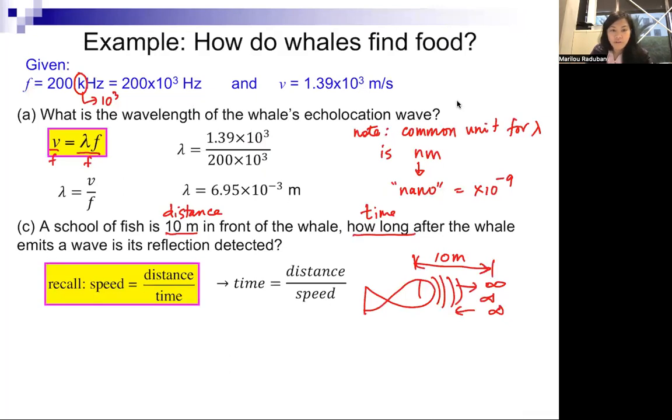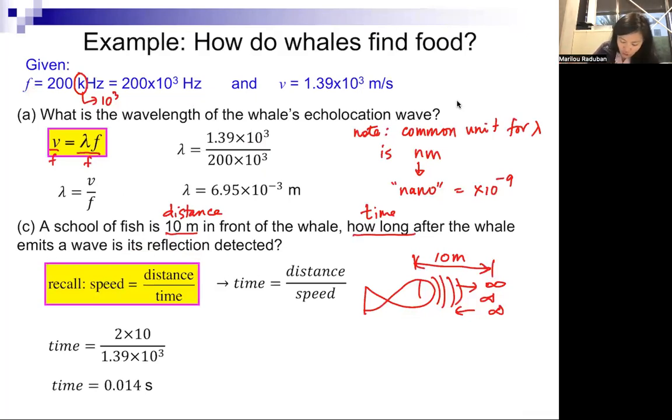Yeah, good, right? So it's a reflection. The wave is reflected. So you have 10 meters going towards the school of fish, and you have the reflection traveling another 10 meters. So we assume that we can model the school of fish and the whale as point sources, so you have equal distances for the wave and its reflection.